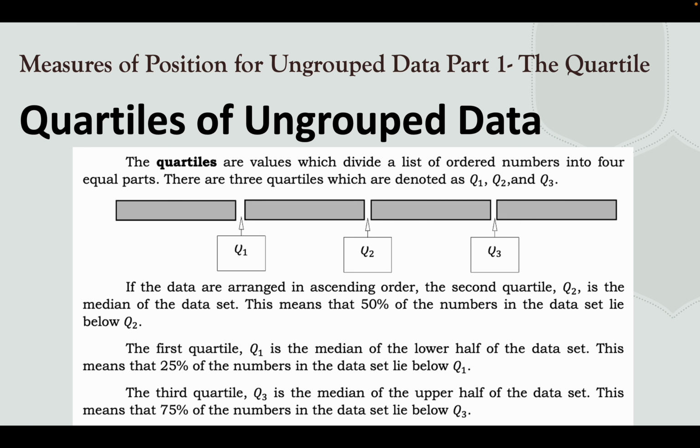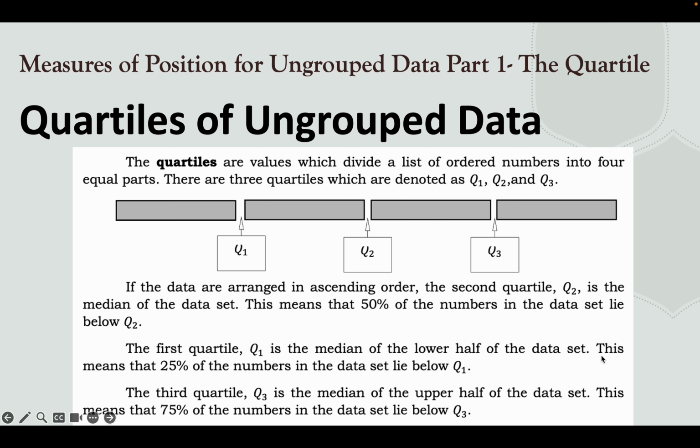If the data are arranged in ascending order, the second quartile is the median of the data set. This means that 50% of the numbers in the data set lie below the middle quartile or quartile 2. The first quartile or the lower quartile is the median of the lower half of the data set.